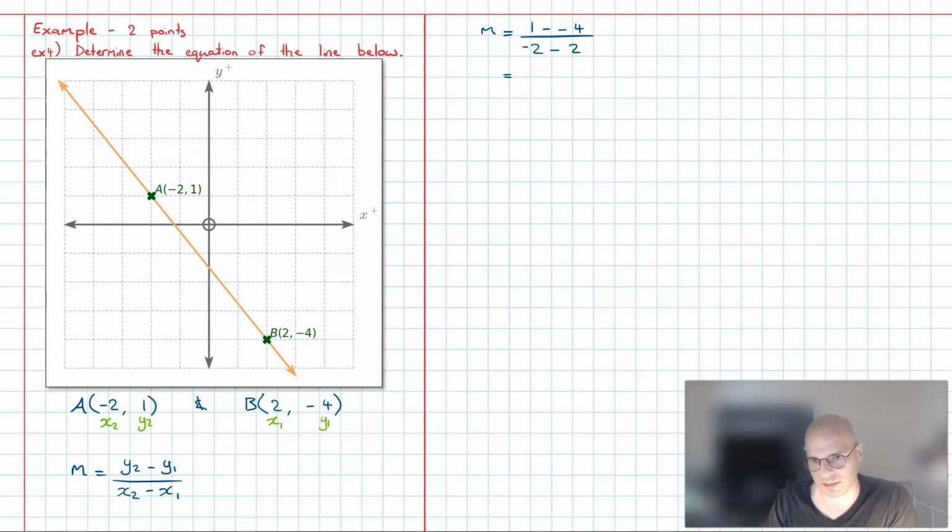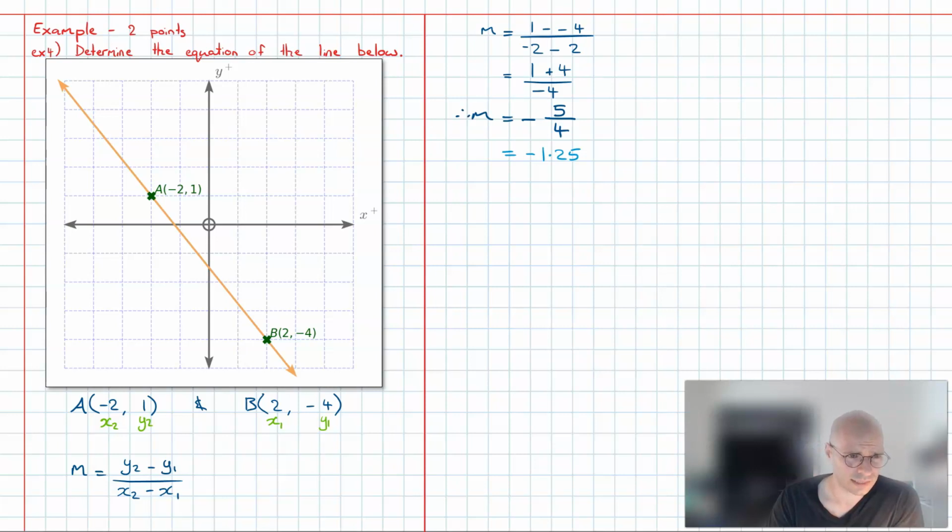Computing this, 1 take negative 4 is 1 plus 4, and negative 2 take 2 is negative 4. So it becomes 5 over negative 4, or you can rewrite it as negative 1.25. I might actually move this negative upstairs, just move the negative out front. That makes it easier to manage.